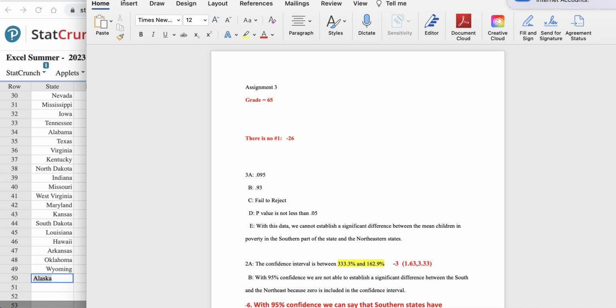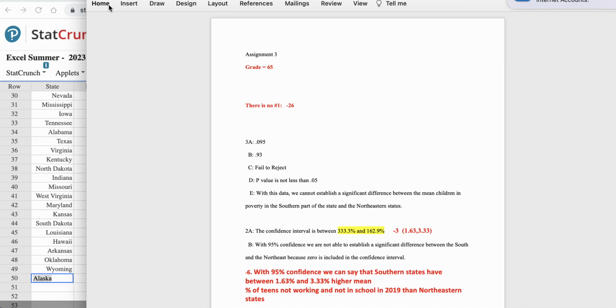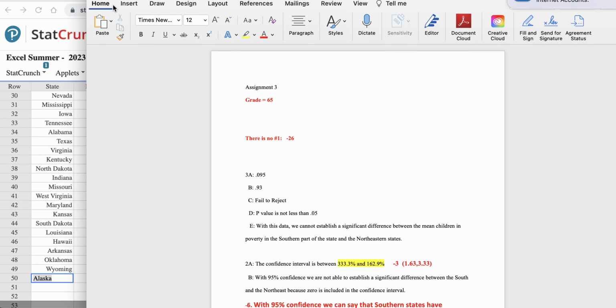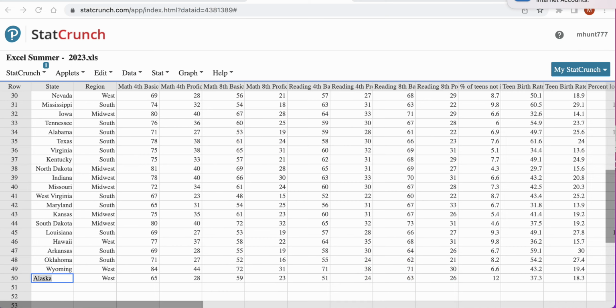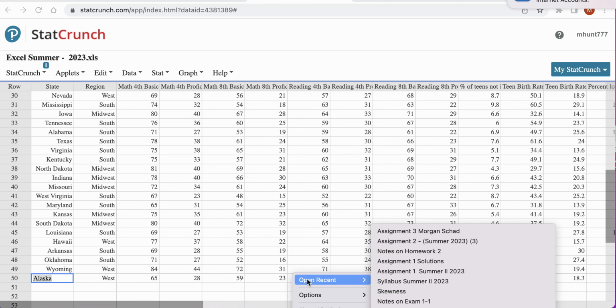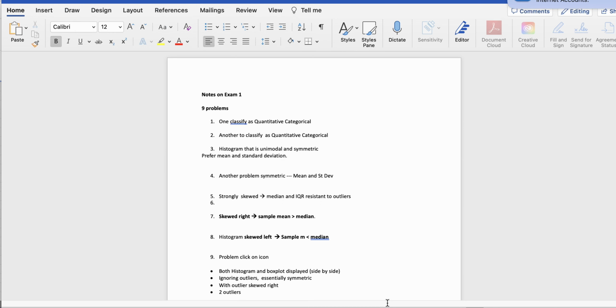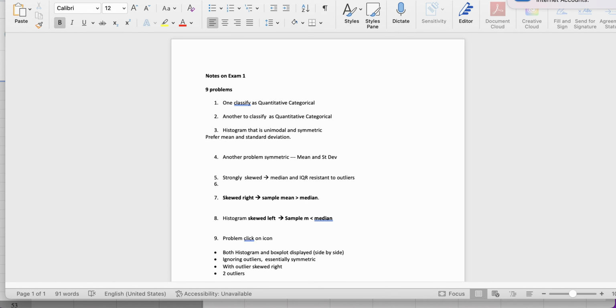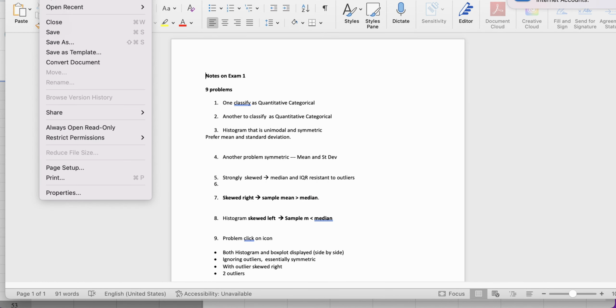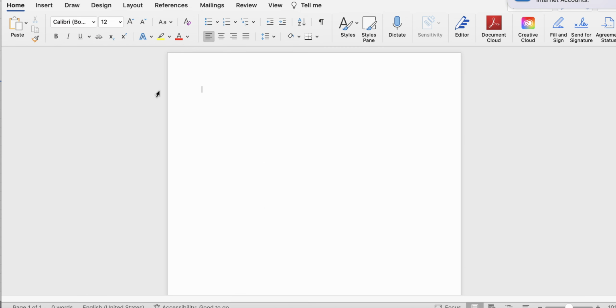Let's go into Word and open my notes on exam 1 document, and we should be able to open a new document.